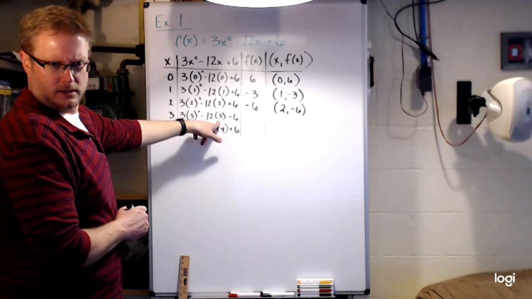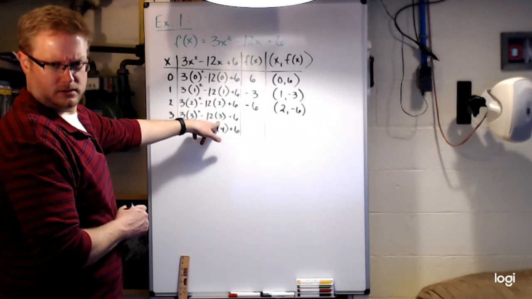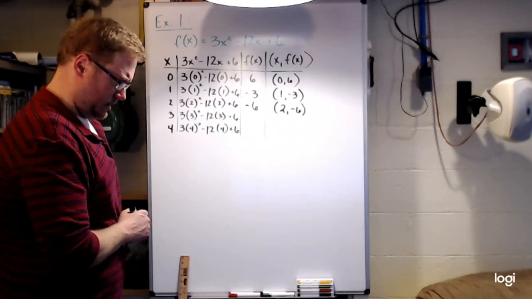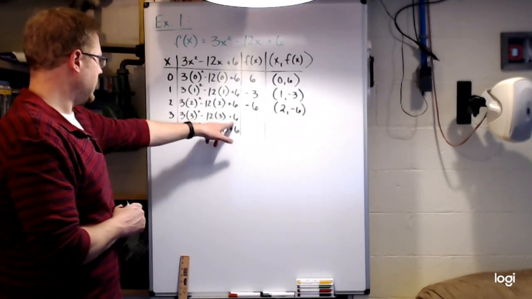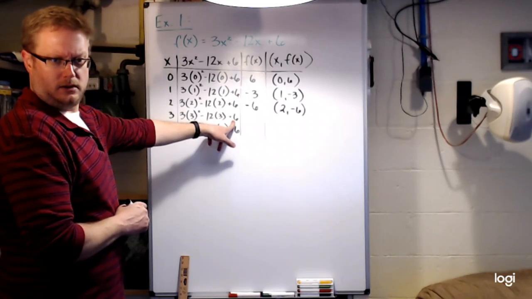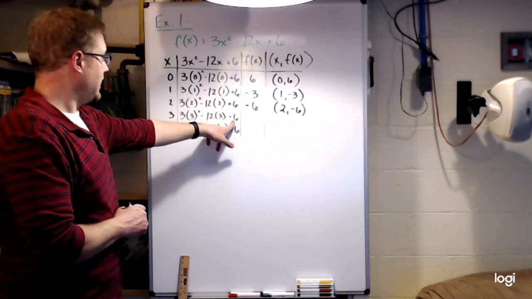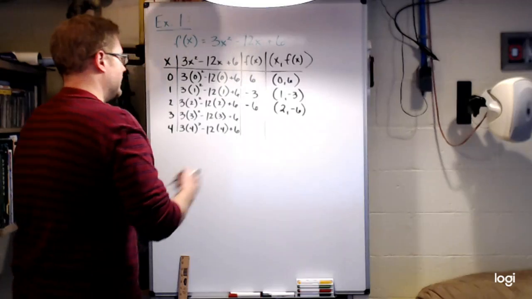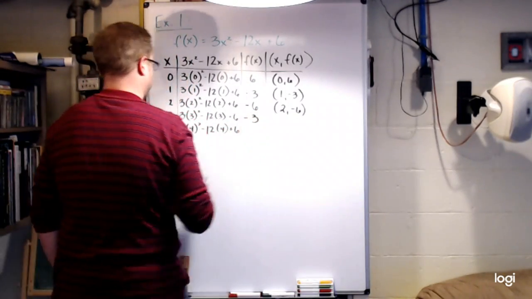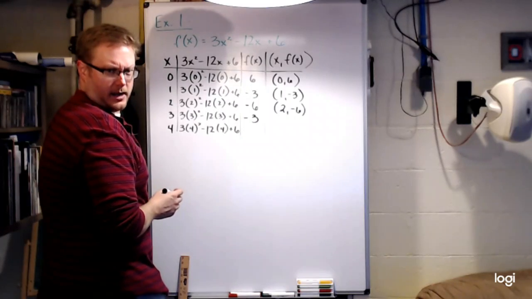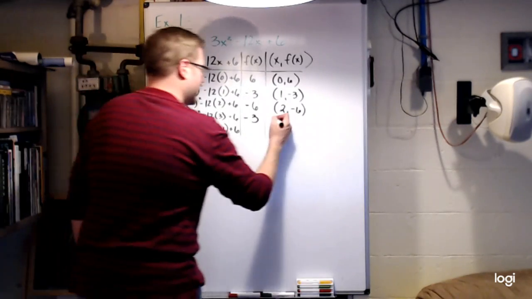Hold on. 3 squared is 9. 9 times 3 is 27. 27 minus 36. Okay, I'm blanking. Okay, it'd be negative 9. Yeah, negative 9 plus 6, sorry everybody, is negative 3. I'm not thinking properly. All right, negative 3, and we have 3, negative 3, sorry.